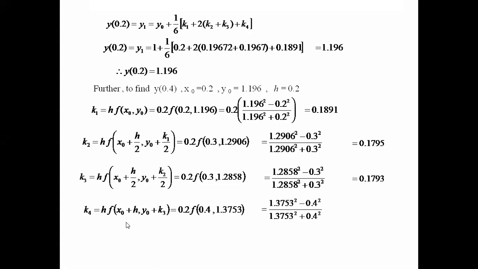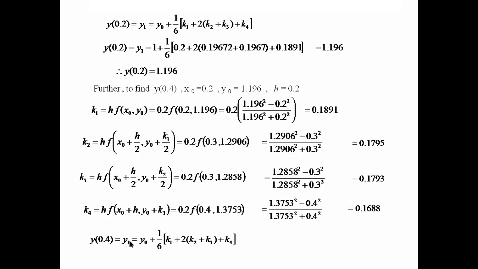Same formula, only the values change. Once again, find k1, k2, k3, k4 as per the relation, with the same simplification. At the end, we get all the constants and substitute in the formula.